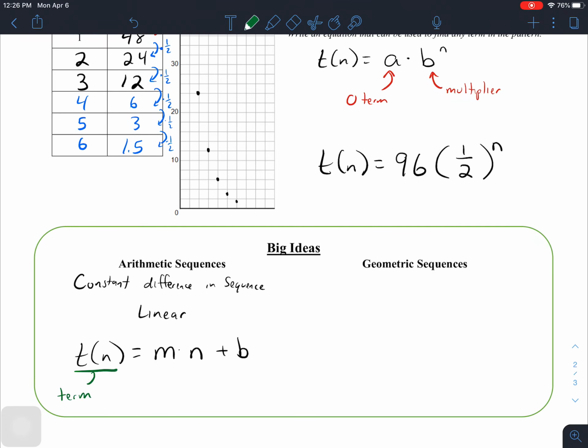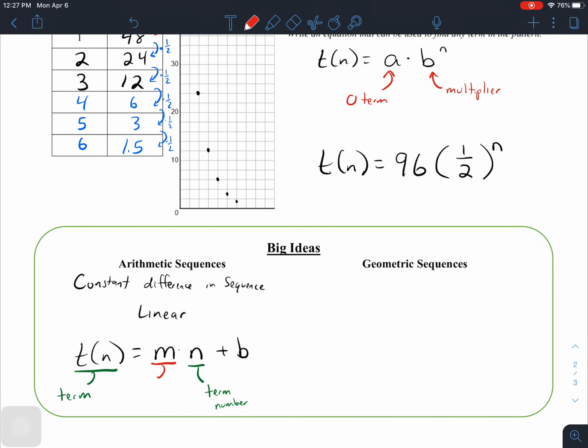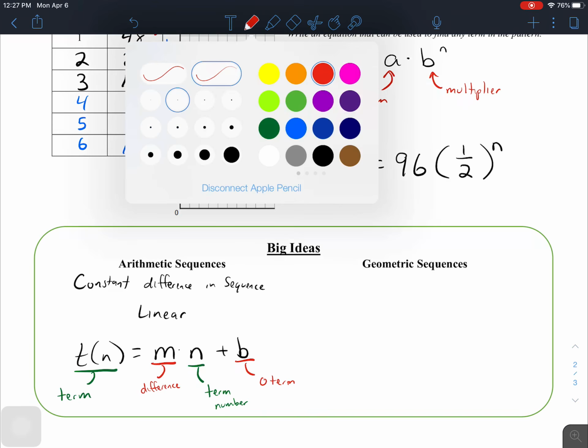Remember, T of n is your term. N is the term number. M is your difference. It's that constant difference that you're looking at. And b is the zero term.